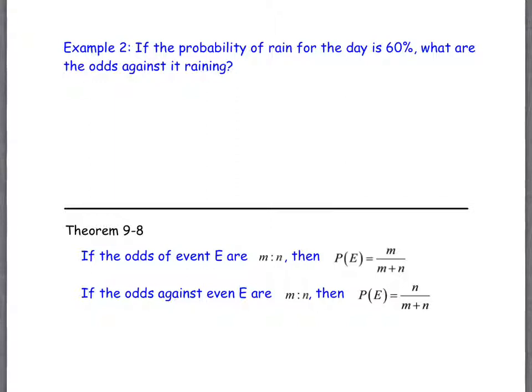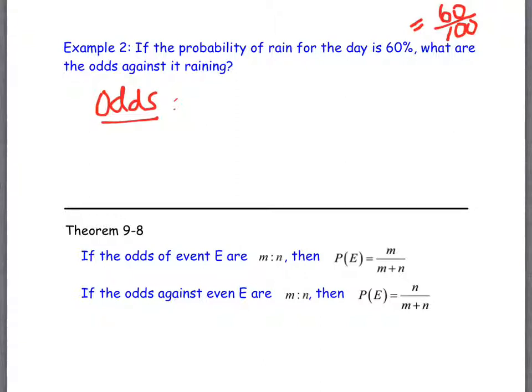If the probability of rain for the day is 60%, what does 60% mean in terms of a fraction? 60 out of 100, or you might express it as 6 out of 10. What are the odds against it raining? So we have to talk about odds, right? Ashley, you said something?